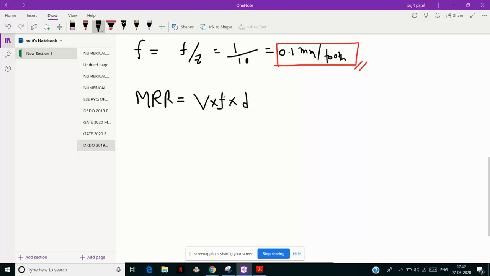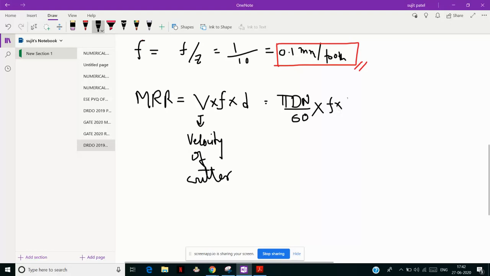The cutter velocity is pi DN by 60 in mm per second, because we take D in mm, times feed rate into depth of cut.